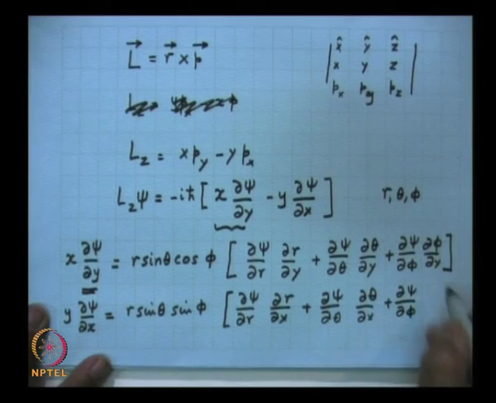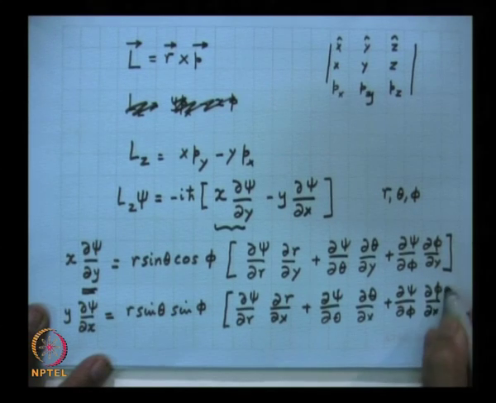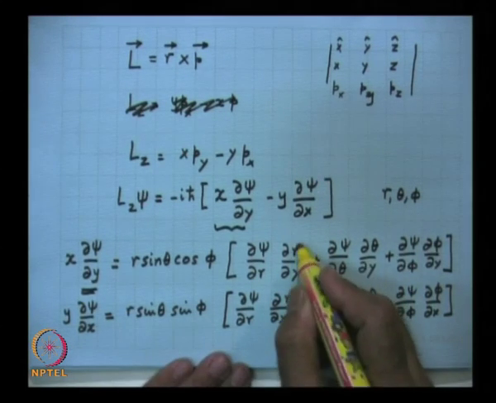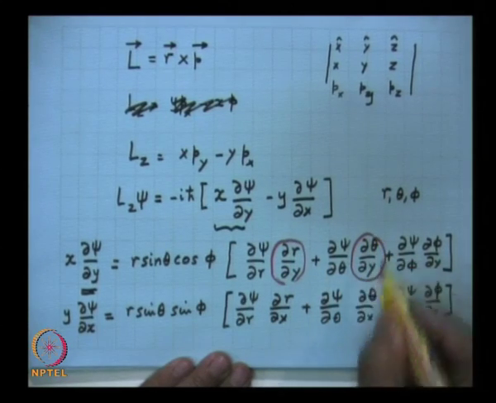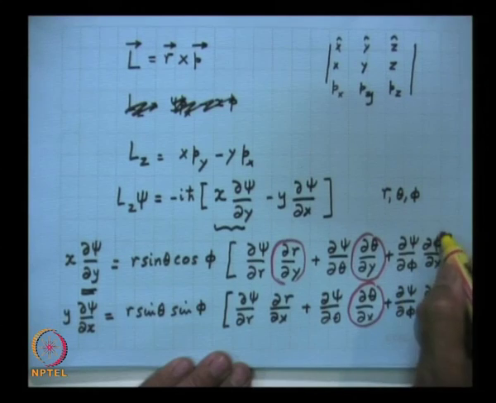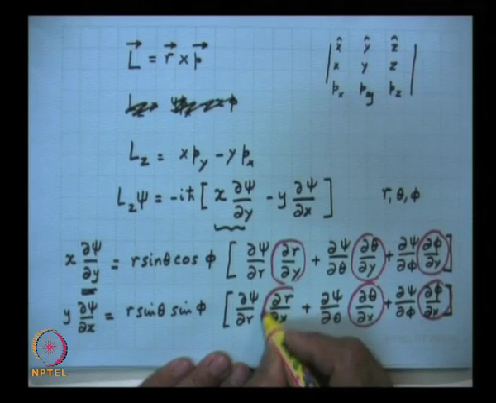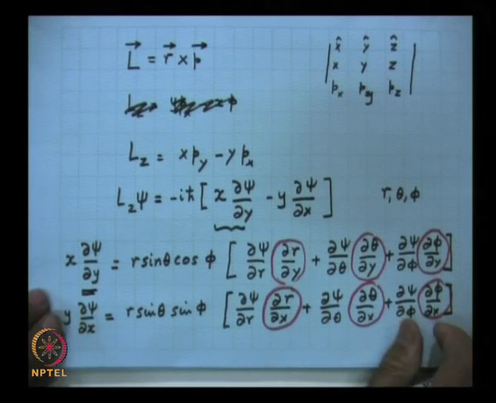Although it looks very cumbersome, the analysis is quite straightforward. As you can see, we therefore require delta r by delta y, delta theta by delta y, delta theta by delta x, delta phi by delta y, delta phi by delta x, and delta r by delta x. So, these are the expressions that we would like to express in terms of the spherical polar coordinates.